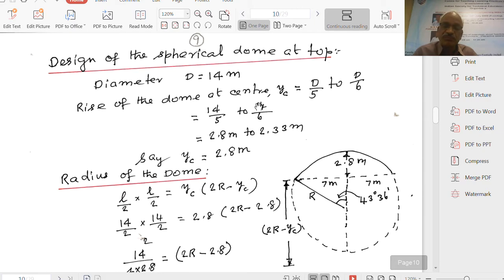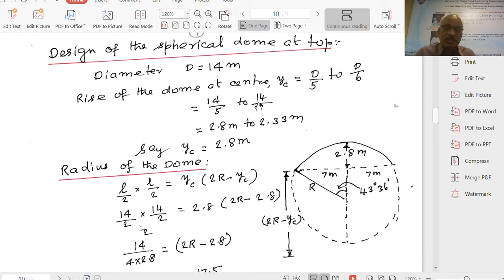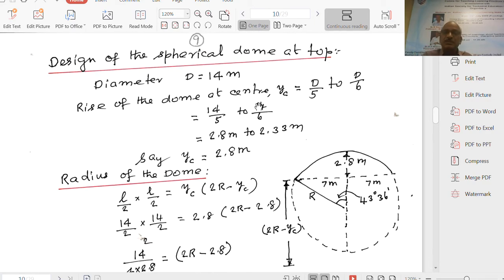Right. Now, let us start with the design of the spherical dome. The spherical dome will be subjected to two types of stresses. One is the meridional thrust, the other one is the hoop stress.